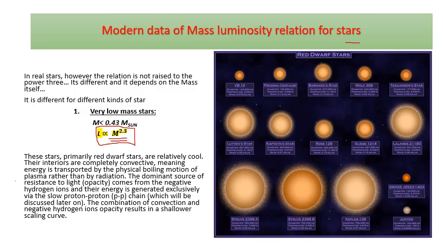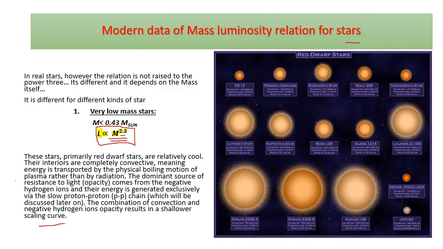The combination of this convection and these negative hydrogen ions creates an opacity. This opacity is different for different mass stars, and therefore it creates a shallower scaling curve. Why is it shallower? Because the exponent is 2.3. It's not large.